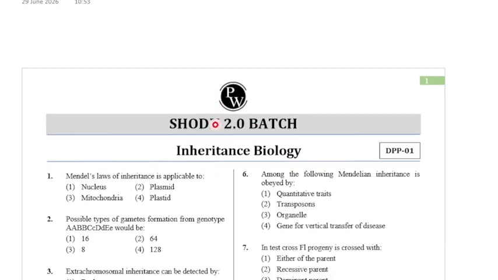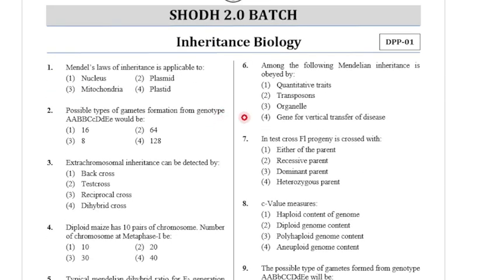Question 1 says Mendel's law of inheritance is applicable to. So we know Mendel's law of inheritance is only applicable in the eukaryotic genome, that is, genomic DNA.